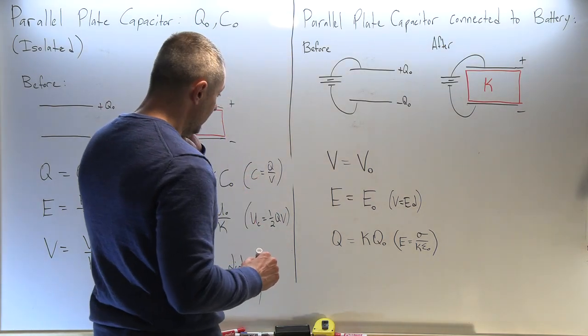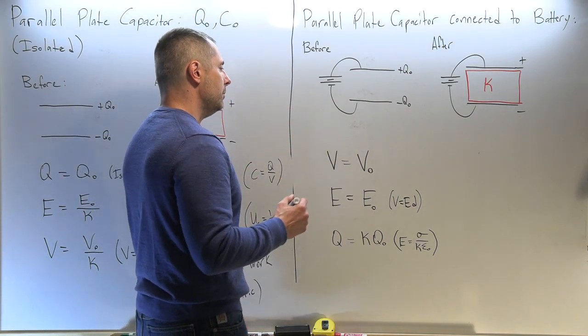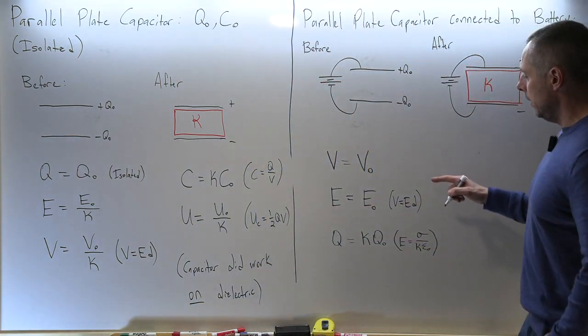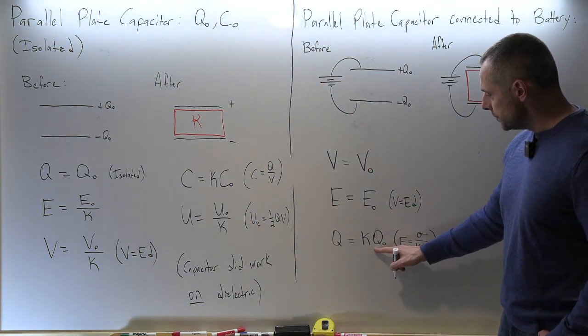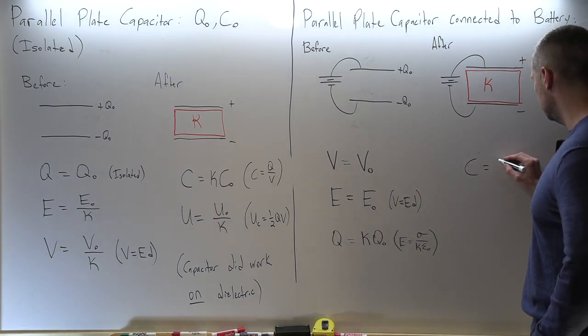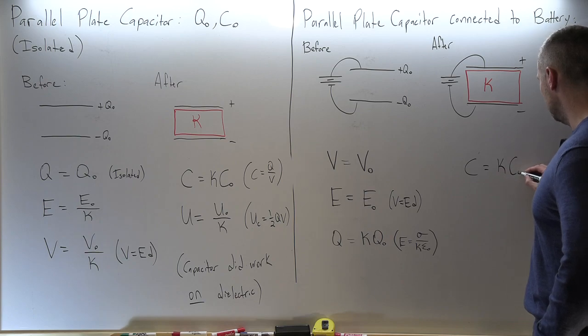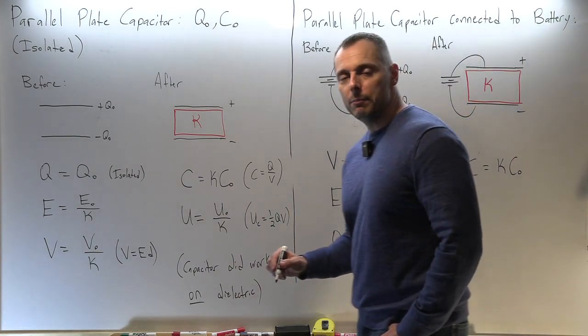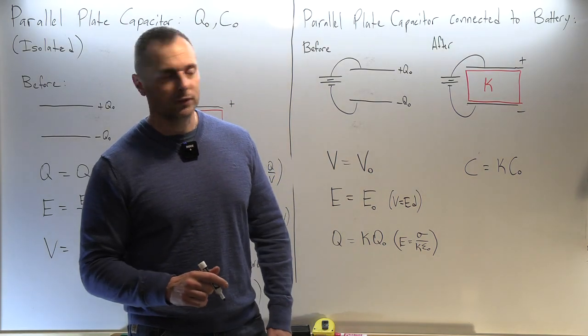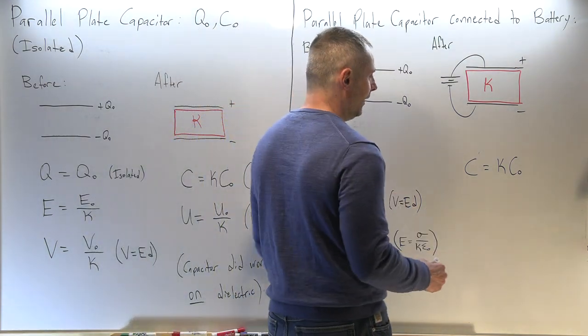Okay? So, the next thing, we could look now at the capacitance. What happens to the capacitor? Well, if I have more charge for the same volts, once again, I come to the same conclusion that the capacitance goes up. I get more capacitance by putting materials in between the metals. Okay, that's how I can get it higher.